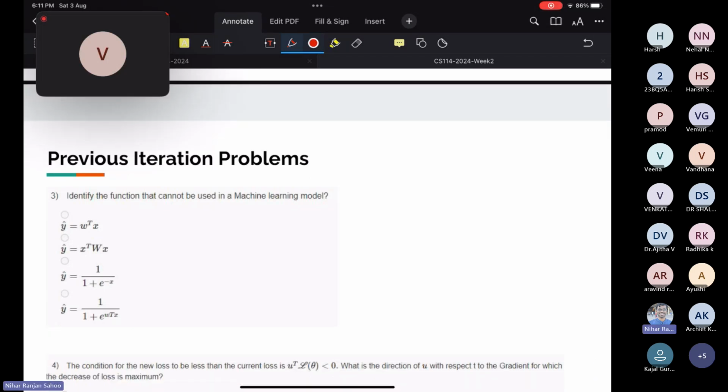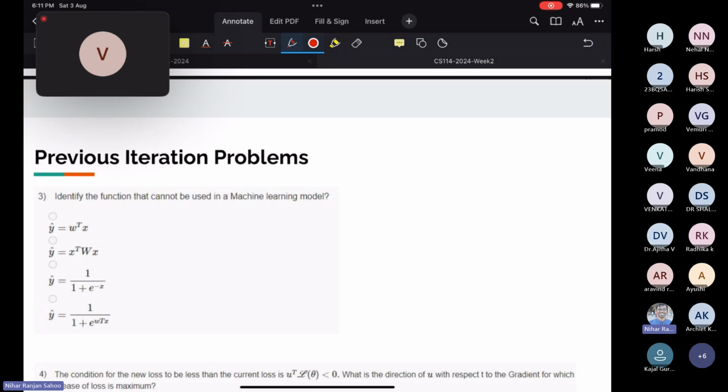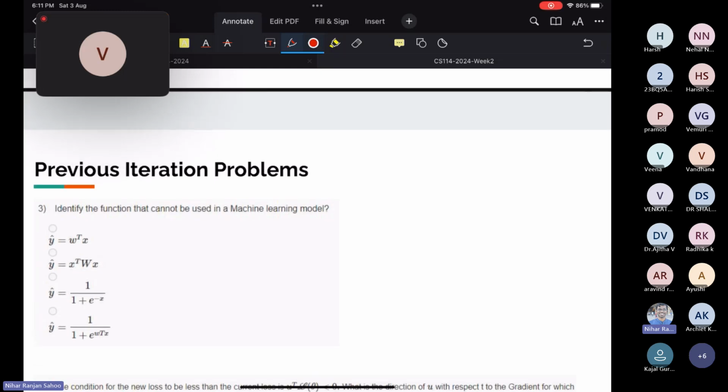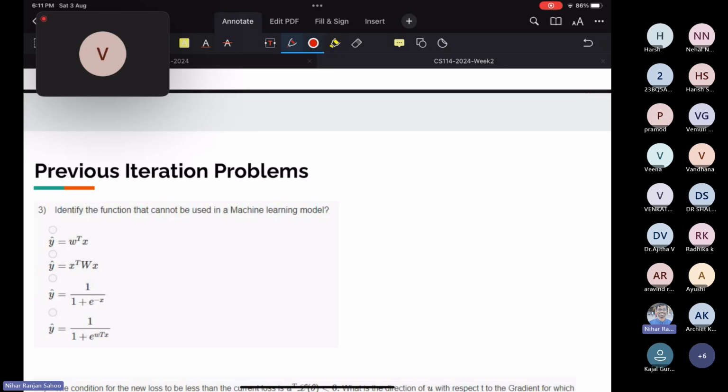Identify the function that cannot be used in a machine learning model. When we say it cannot be used in a machine learning model, the modeling means there is some W value involved, like we have to learn some W value, because apart from that there are two more components, X and Y, that are given to us.